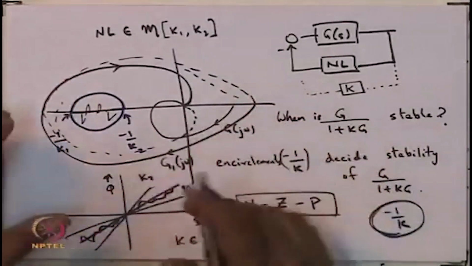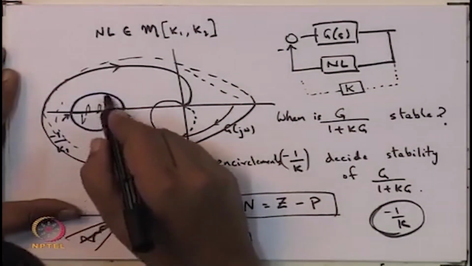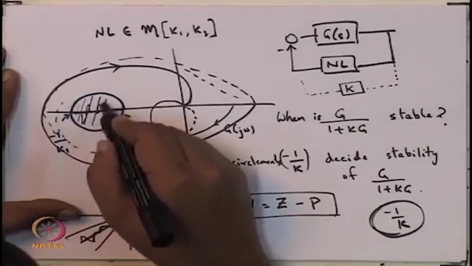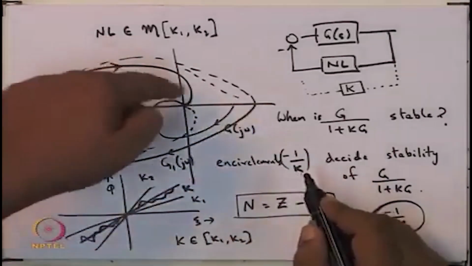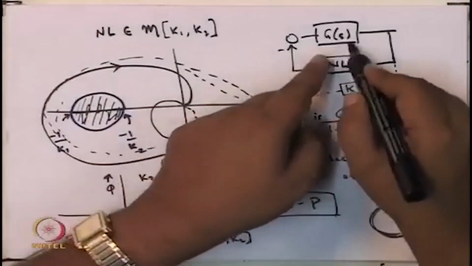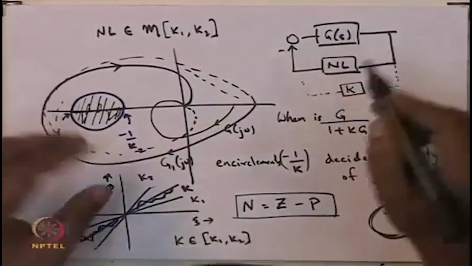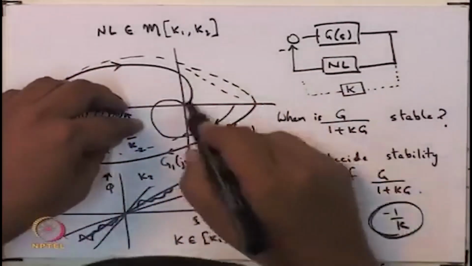For the linear part you get this, and the perturbation is the rest of the circle. So if you avoid any point in the rest of the circle and you have a g of j omega which avoids that point, and the original g of s is stable, then this whole circle shouldn't be encircled.